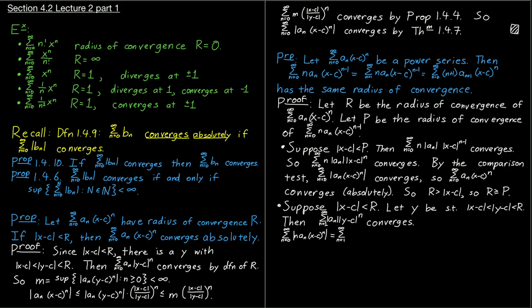Whether it converges or not, throwing away one term doesn't stop it from converging. So this series, that's the sum of the thing we've got before, a_n |y minus c|^n, and then we multiply that by n times |x minus c|^(n minus 1) over |y minus c|^n.